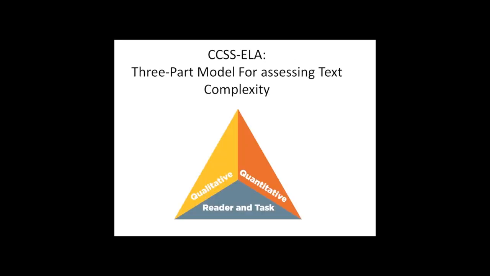And you'll know the 3-part model for assessing text complexity, the triangular diagram that you've seen. It essentially suggests that there are 3 different pieces to assessing text complexity. Qualitative pieces referring to those things that would be best addressed by humans, so anything that has to do with maybe theme or topic.